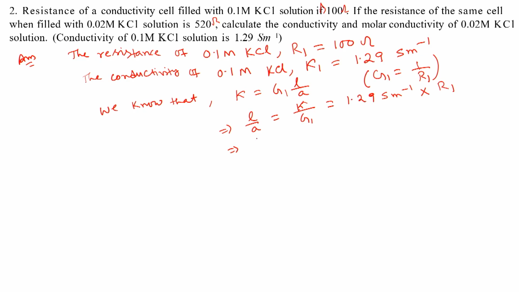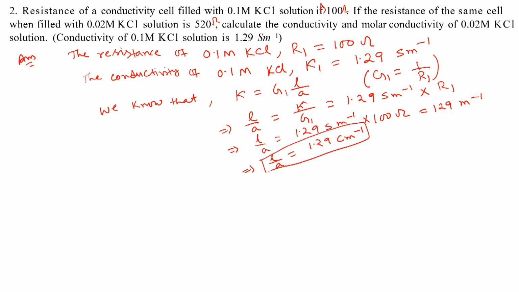So we now write L by A is 1.29 S m inverse times the value of R1, 100 ohm. Okay, so we get 129 m inverse. So we get L by A is 1.29 centimeter inverse. Okay, so this is the value of the cell constant.